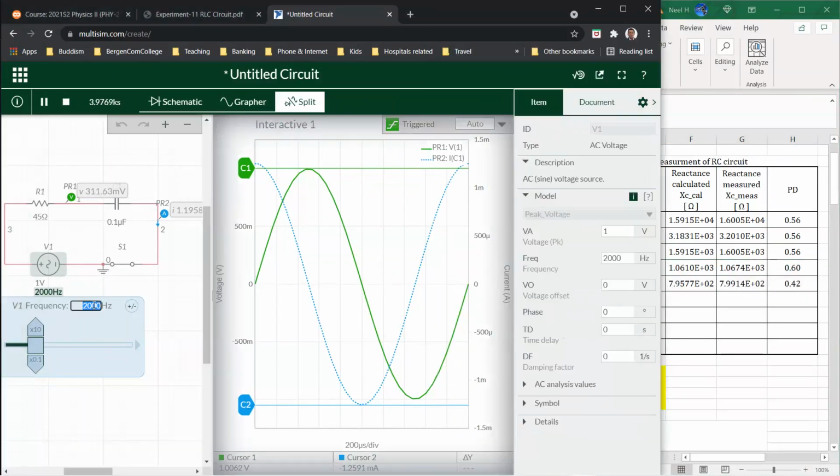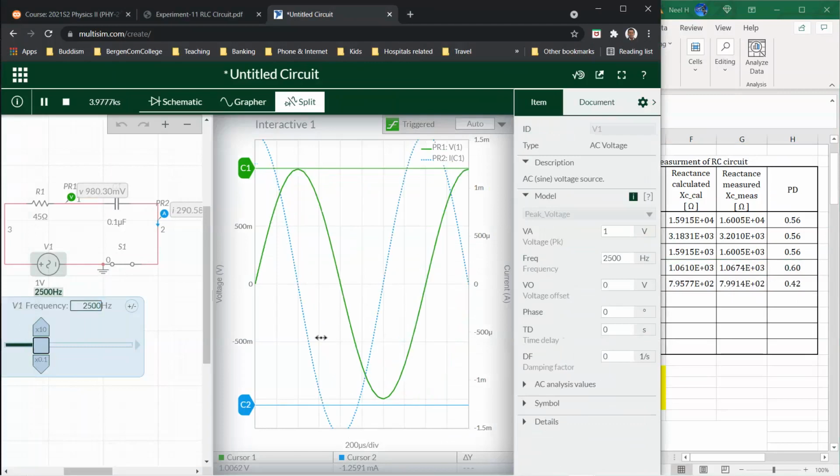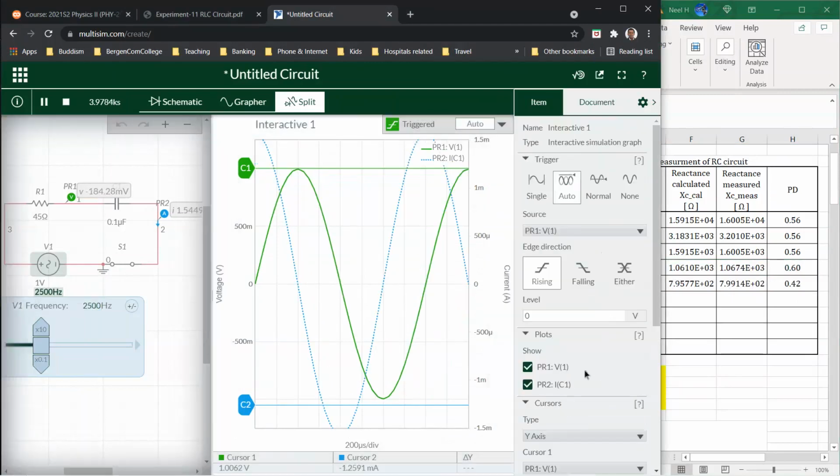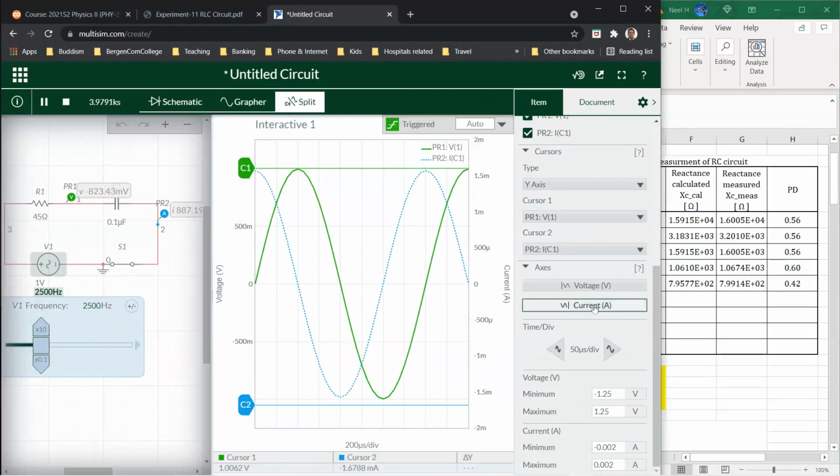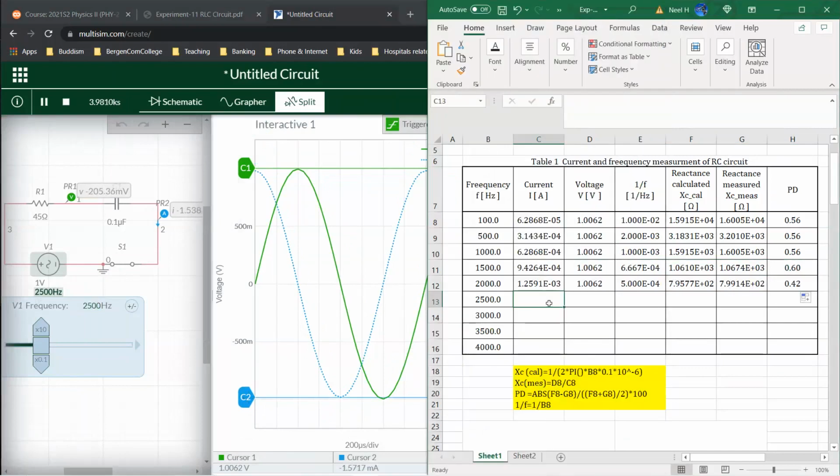Let's do 2500. Any question? Current milli 0.0015717. Voltage remaining the same. All of these I can click and drag.